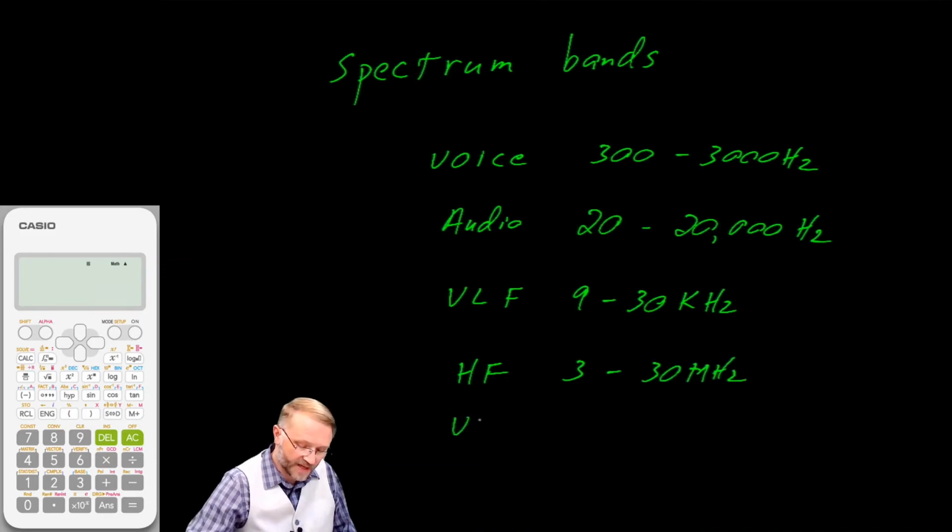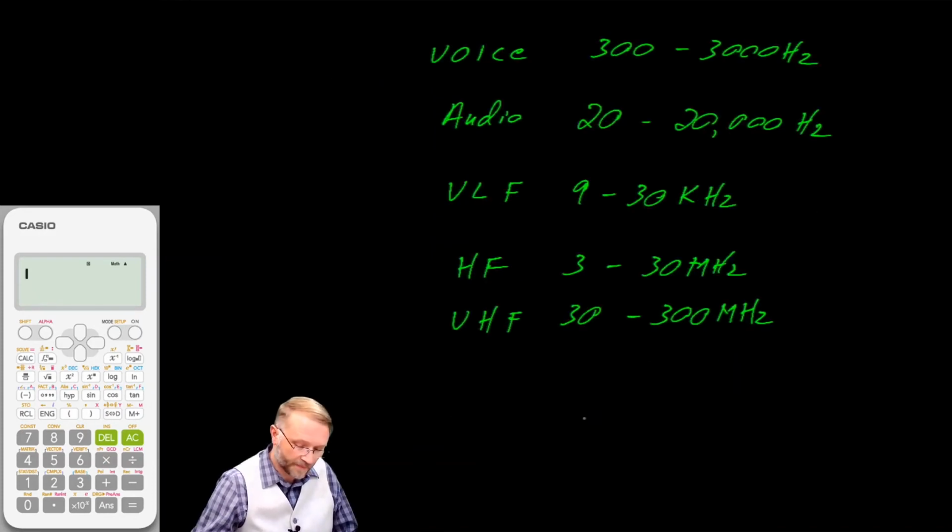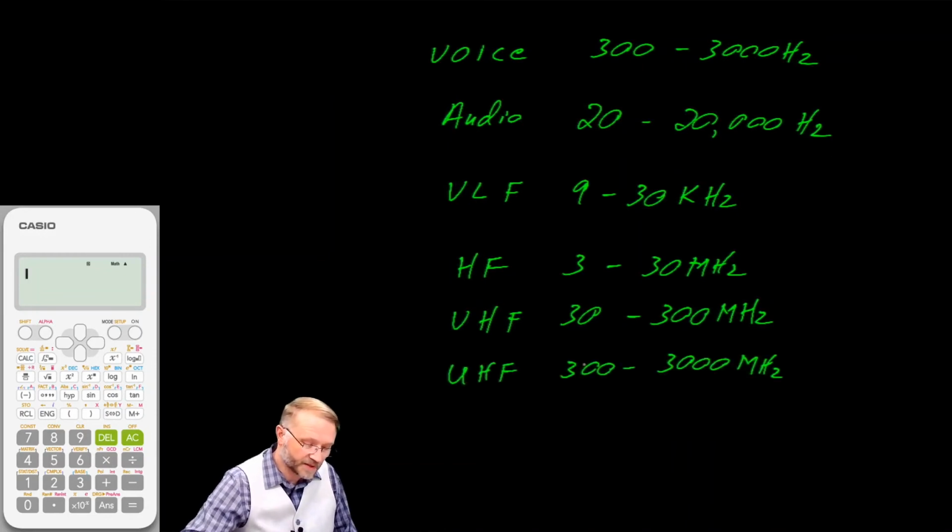From there, VHF, you'll notice that's 30 to 300 megahertz. There's a lot of threes in here, and you'll notice that one band starts right after the other. UHF, from there we move into microwave bands, and even higher frequency we're into optics.